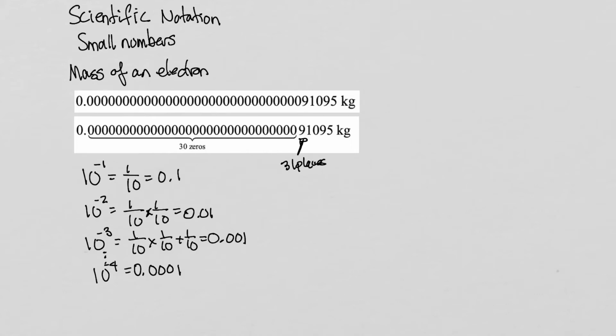So now we can write this very small number as 9.1095 times 10 to the negative 31. And the negative 31 is indicating how many places we had to move to the right in order to get that non-zero digit there.